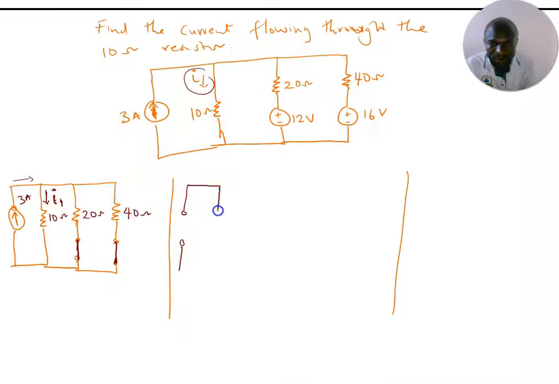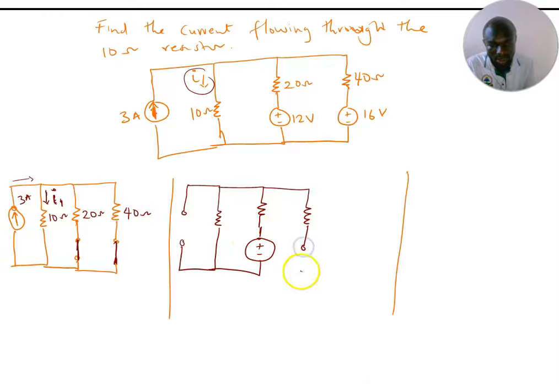When you take it off, you are going to get a circuit like this. We have our 20 ohms, and we are going to maintain the 12 volts, the 12 volt plus minus. Then we take the 16 volts out.